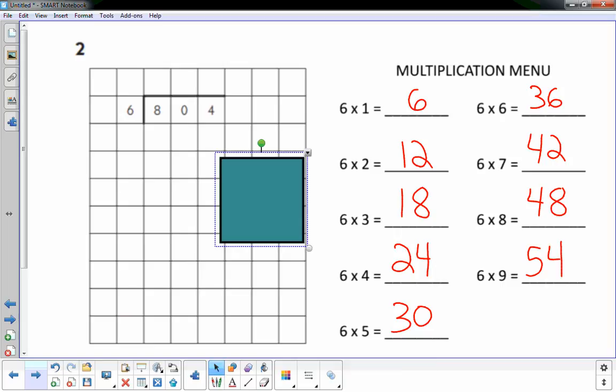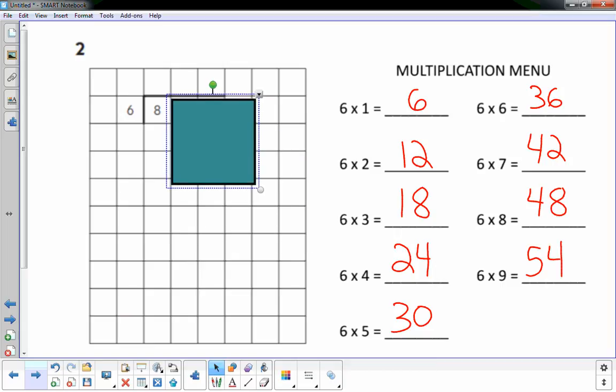I'm going to take my post-it note and cover everything up except for that first one on the left, the 8. 8 divided by 6. I look at my multiplication menu. 6 times 1 will work. 1 times 6 is 6. Then I subtract. I'm left with a 2.